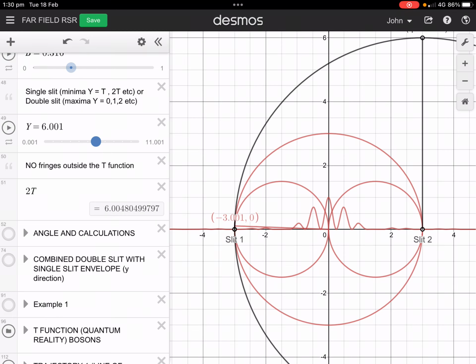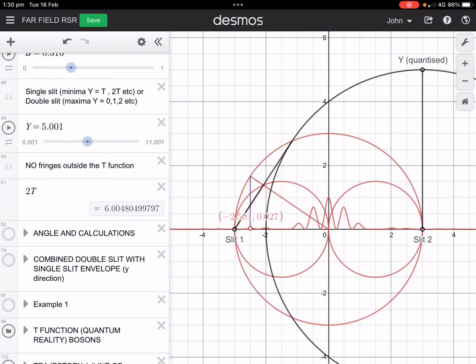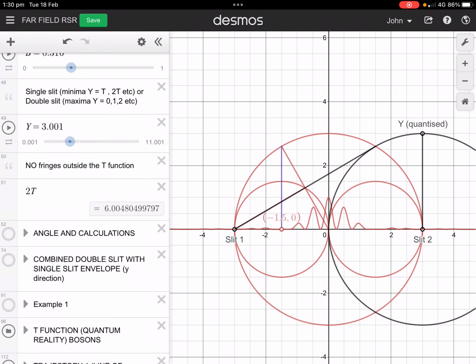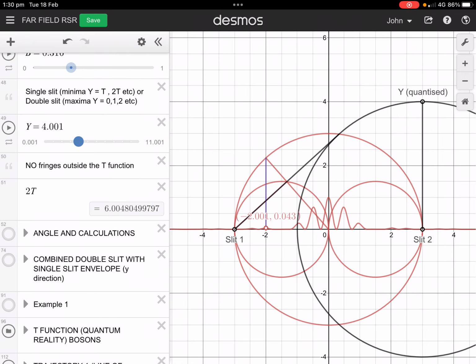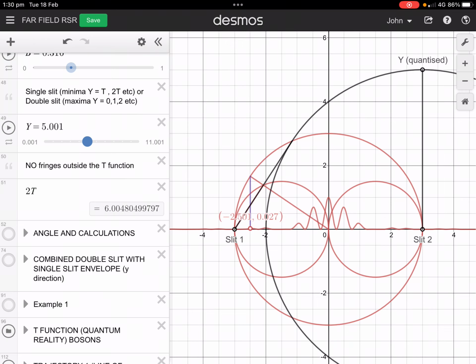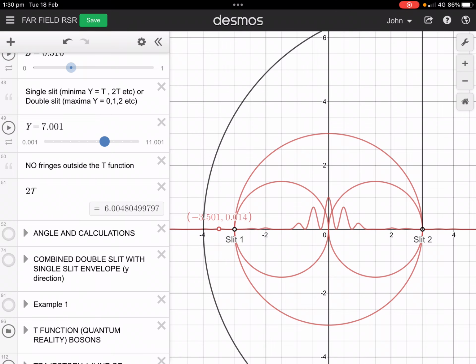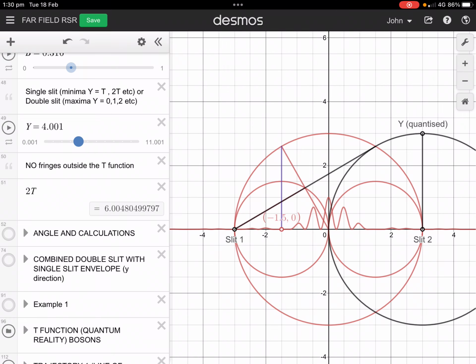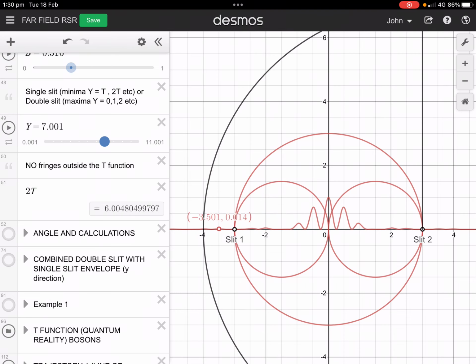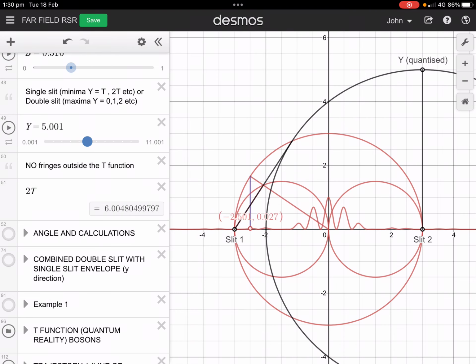But if you come back, and now it's inside the t function, and it exists. But there are no fringes existing outside the t function. So where that black circle hits that red circle, goes outside, then there's nothing. But inside there is something. Outside there's nothing. Inside there is something.